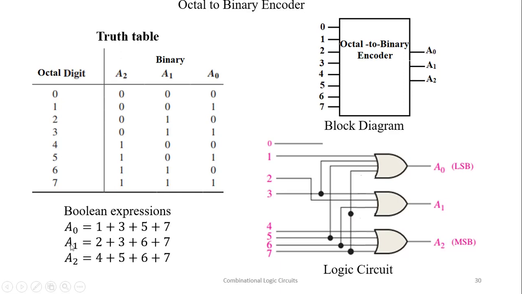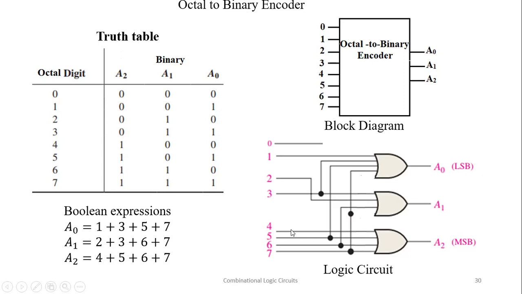Similarly, A1 is active for octal digits 2, 3, 6 and 7. So A0 is the OR operation of line 1, line 3, line 5, line 7. A1 is the OR operation of line 2, line 3, line 6 and line 7, and A2 is the OR operation of line 4, line 5, line 6 and line 7.